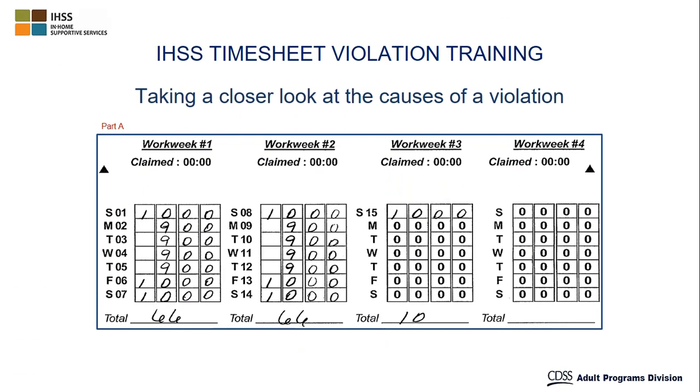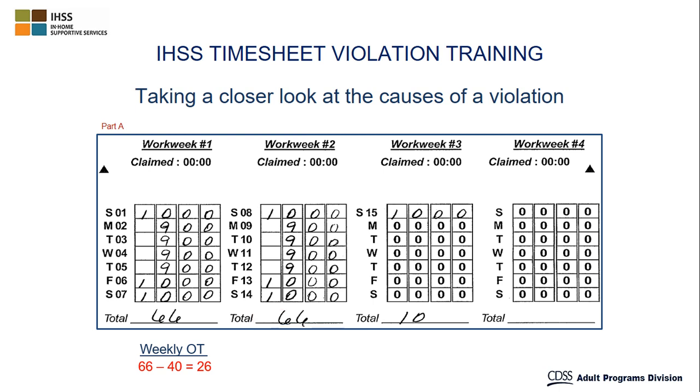In the Part A timesheet, in Work Week 1, the provider claimed 66 hours. This gives the provider 26 hours of monthly overtime for Work Week 1. That is calculated by taking the 66 claimed hours and subtracting 40. In Work Week 2, the provider claimed 66 hours again.